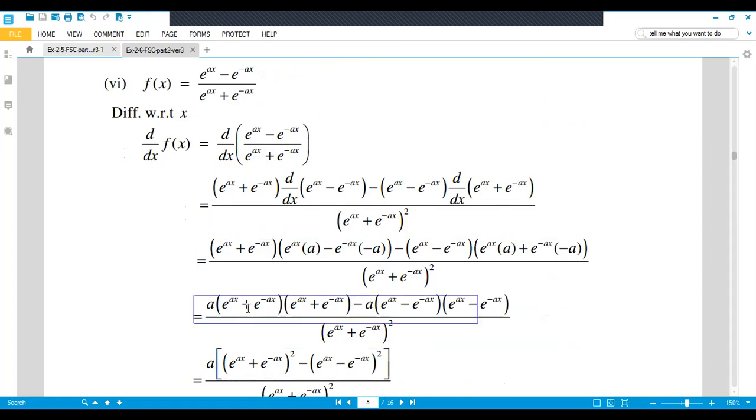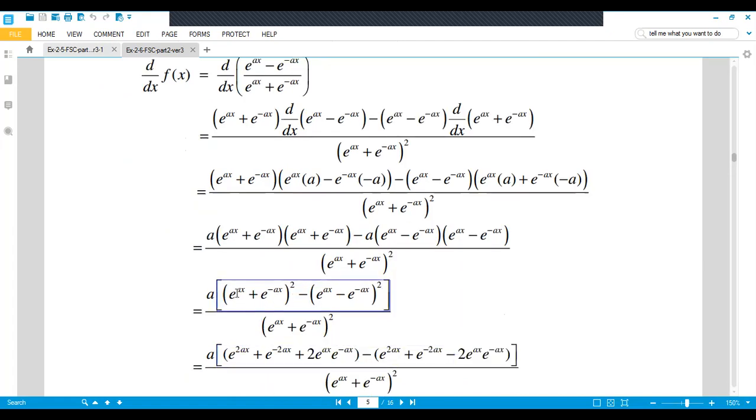You get e power ax plus e power minus ax whole square, because both are the same, minus and minus plus, and here again minus and whole square. So you open the square using the formula a plus b whole square, a square plus b square plus 2ab.